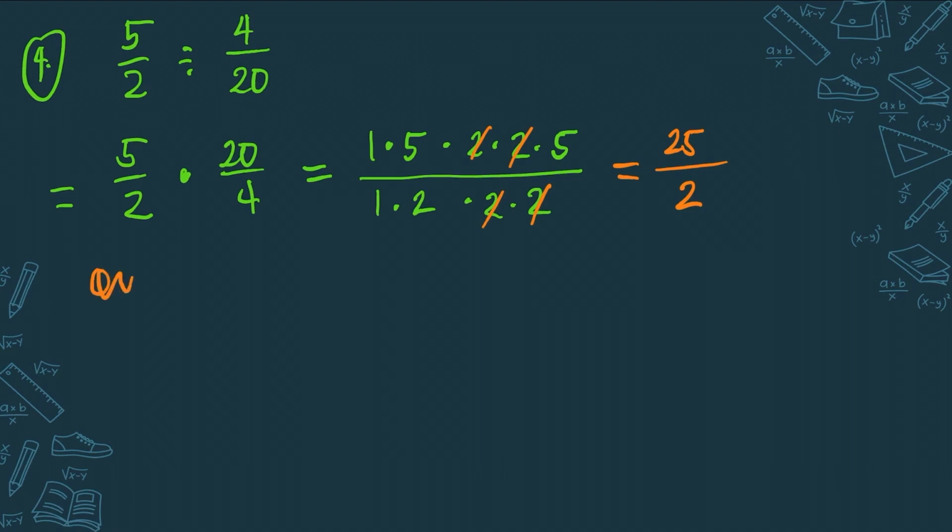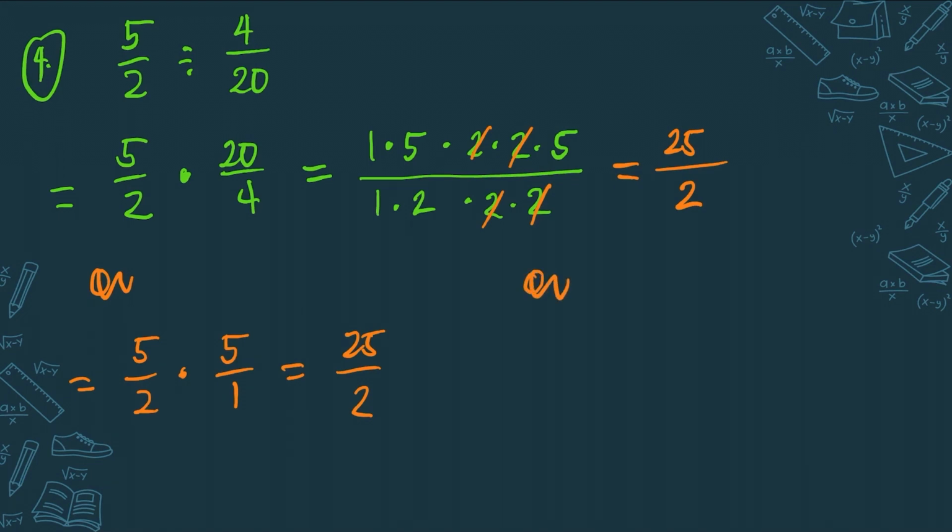Another way of solving this one is finding first the lowest term, or reducing 20 over 4 to its lowest term. So you have 5 over 2 multiplied to the lowest term of 20 over 4, which is just 5 over 1. So 5 times 5, you have 25 over 2. So you come up with the same answer.